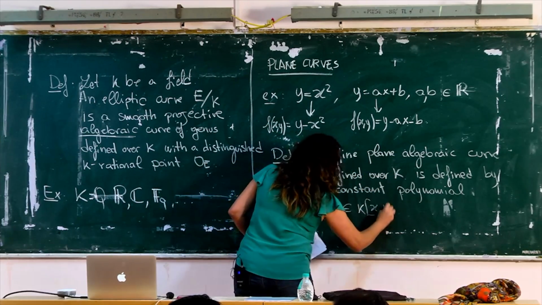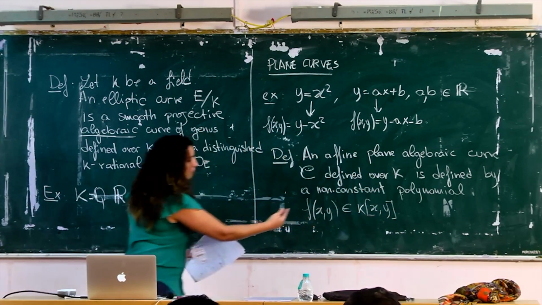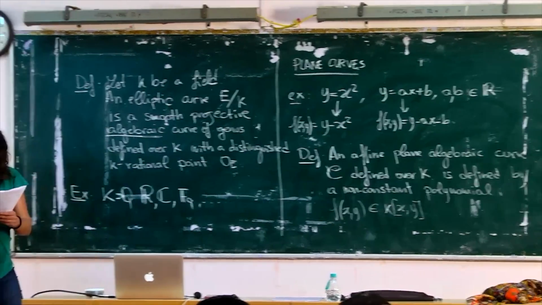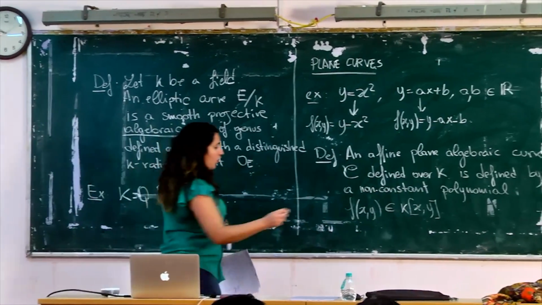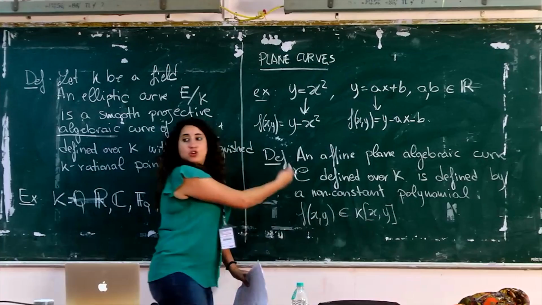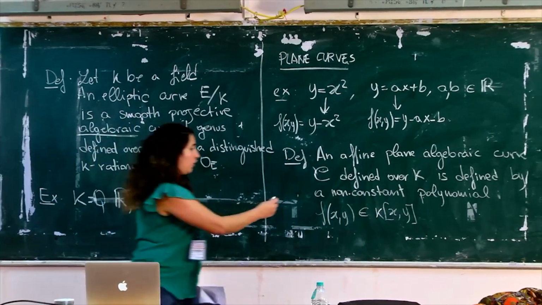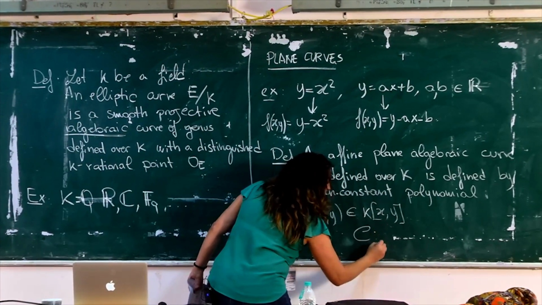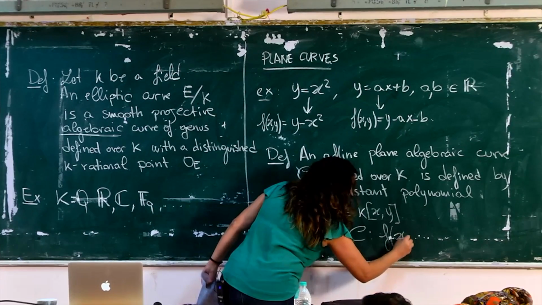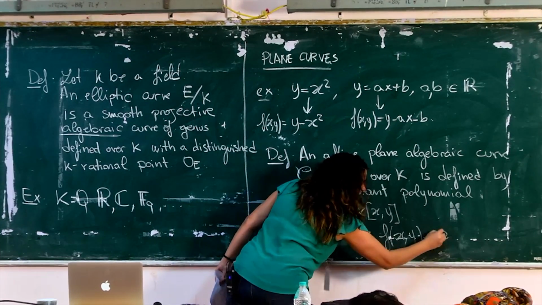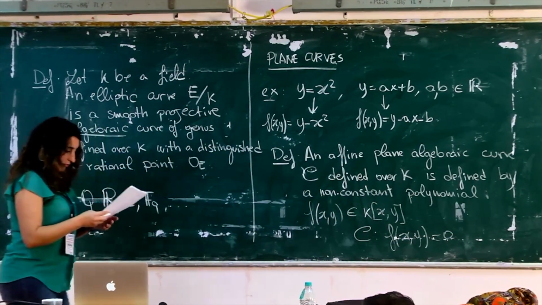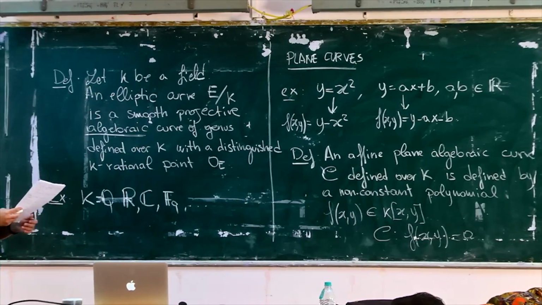So this denotes the ring of polynomials in two variables. Okay? So our curve is defined as the zeros of this polynomial. So our curve C is defined by the equation f(x, y) = 0. Okay? So we already did some examples.